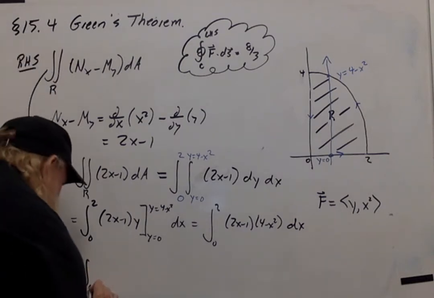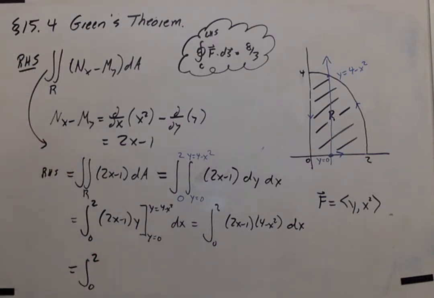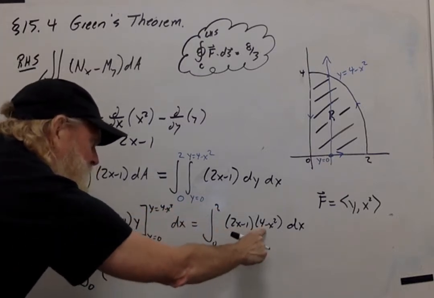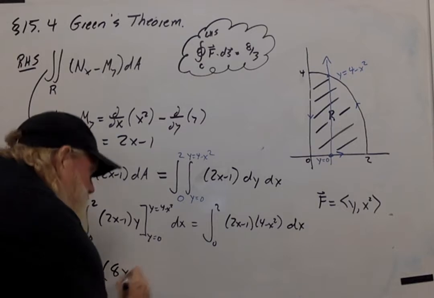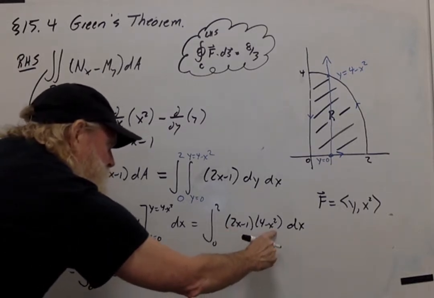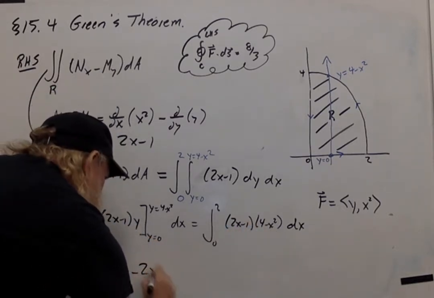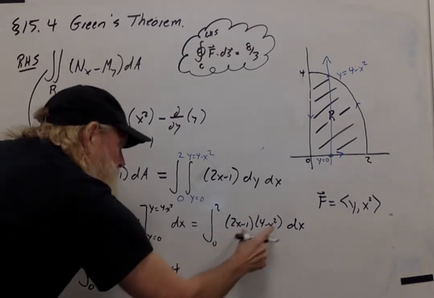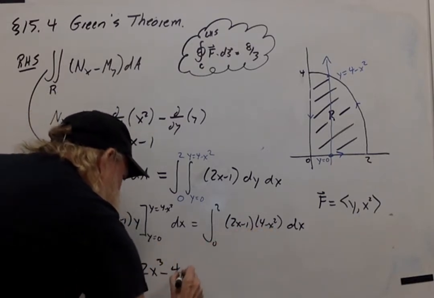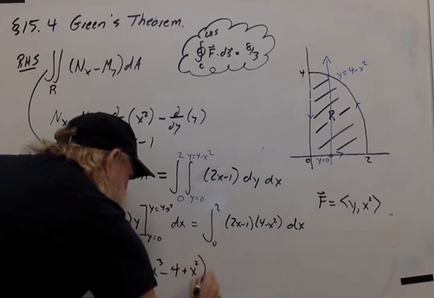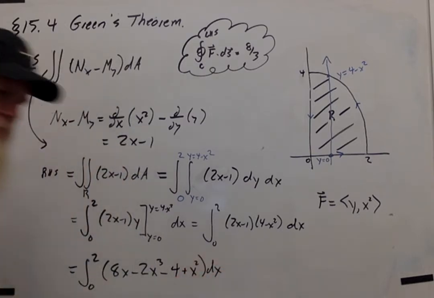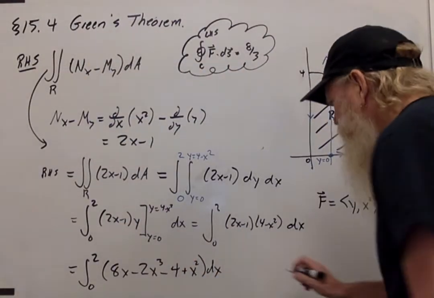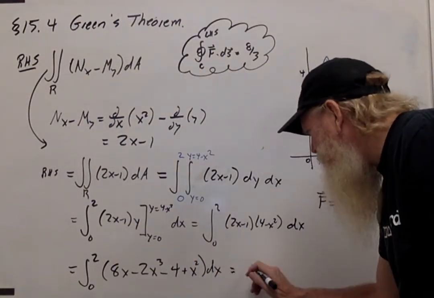So this is the integral from 0 to 2 of 8x minus 2x cubed minus 4 plus x squared. There are no like terms there, so we'll just integrate the polynomial term by term.